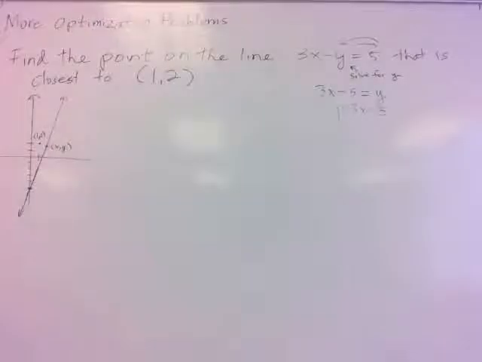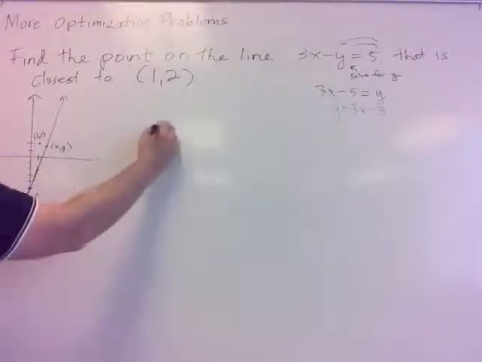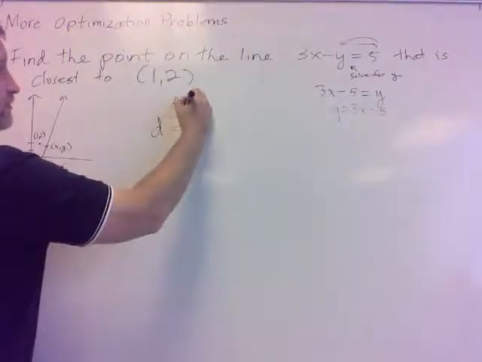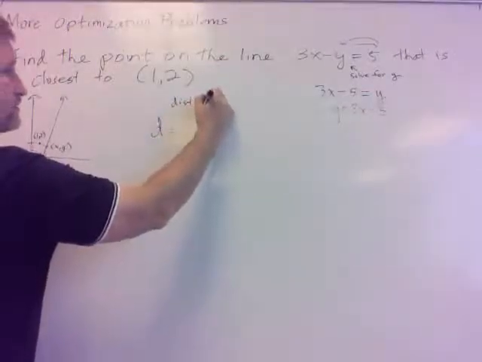How do I do that? Well, again, I'm going to need a distance equation. However, we're not talking vertical distance here. What I'm talking about is distance between points. And hopefully, you've seen this distance between points formula before. Does anybody recall?